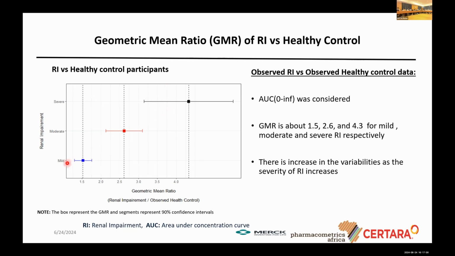So we categorized them and put them into their respective ratios, with GMR of 1.5, 2.6, and about 4 for mild, moderate, and severe, respectively. This informs how adjustments are needed for participants in the renal impairment category.